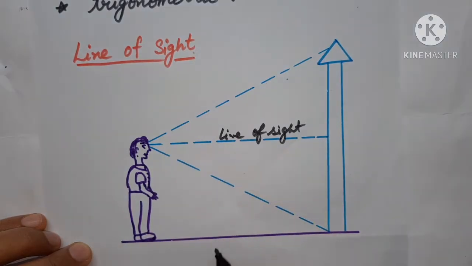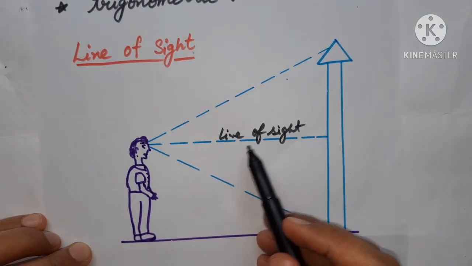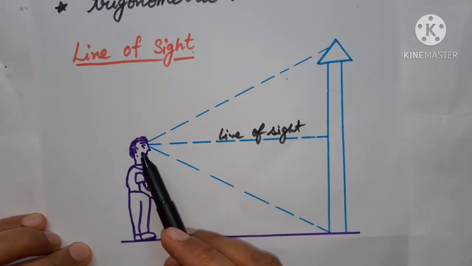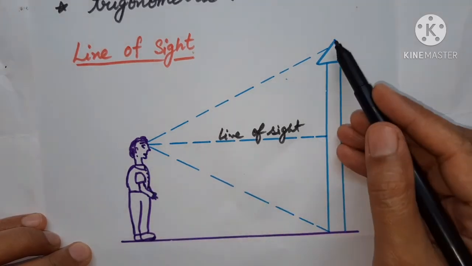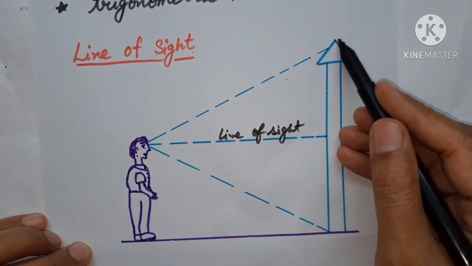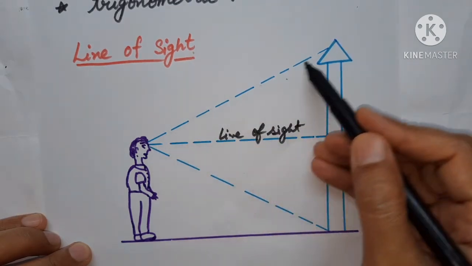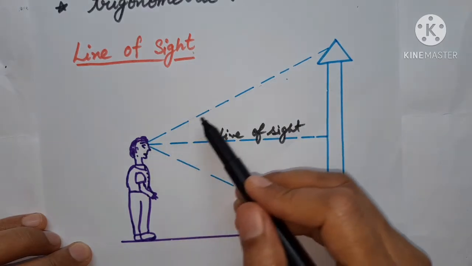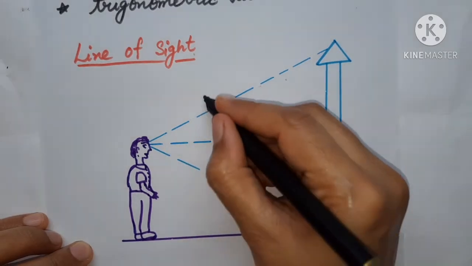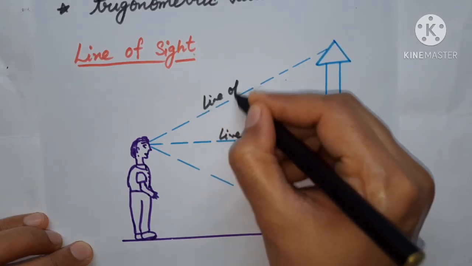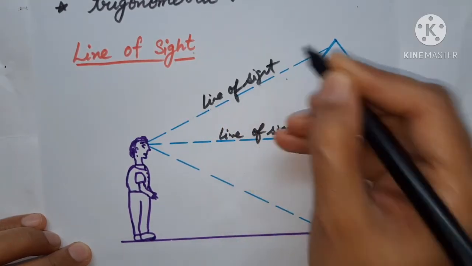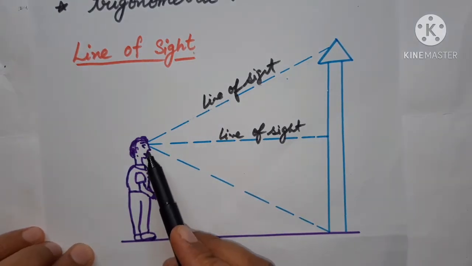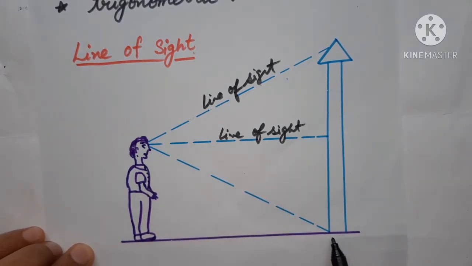This line is parallel to the ground. Later you will know that this is also called the horizontal level. If this person is looking at the top of this statue, somewhere here, then this is the line of sight, because it is the line drawn between the observer's eyes and this object. And in the third case, the same person is looking at the bottom of this object.